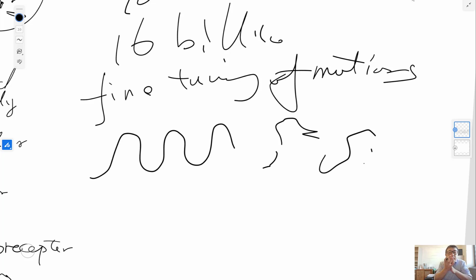Other than fine-tuned motions, the cerebellum is believed to also be involved in many other things, like emotion and memory. But so far, we do not have a clear circuit to explain this.